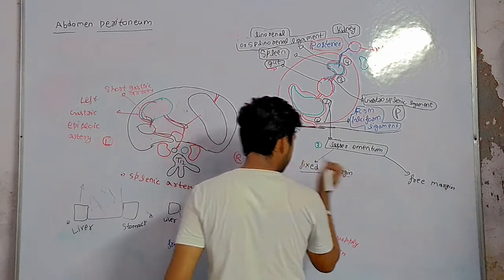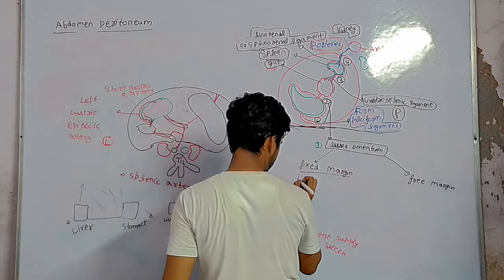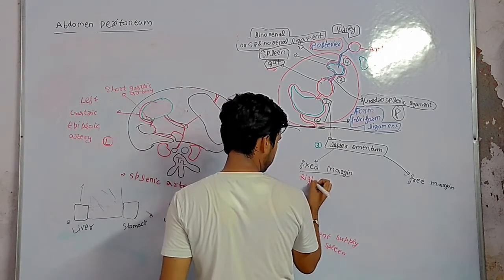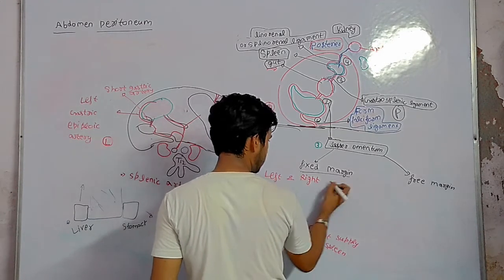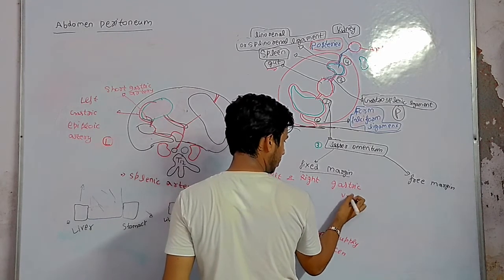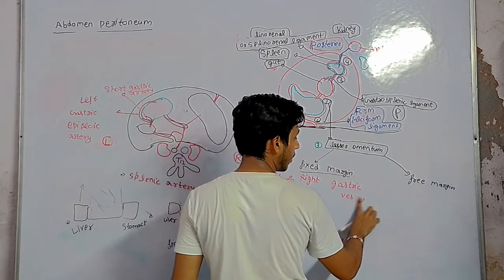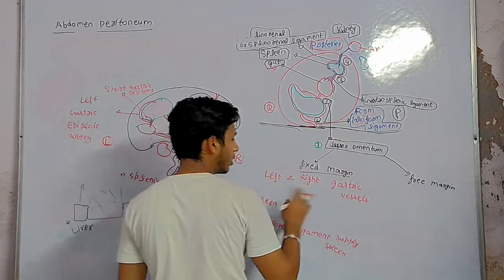The contents in the fixed margin are the left and right gastric vessels. Remember, vessels, so veins also come. The left gastric vein comes from which vessel? Portal vein. So the portal vein is also a content.